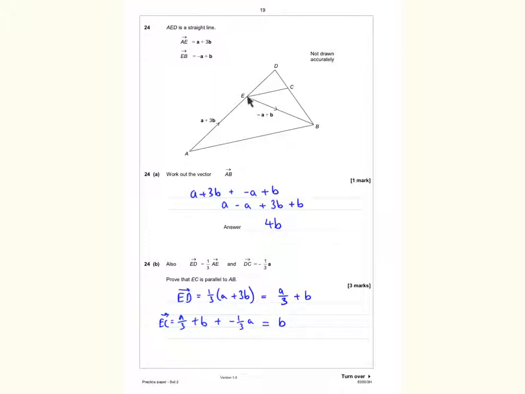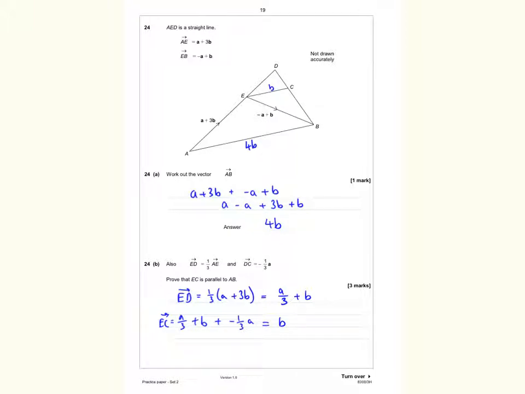Okay, so the vector EC is B. So I've got 4B here, and I've got B there. Now I can see that they must be going in the same direction, as this is a multiple of that, and if that's the case, then these have to be parallel.